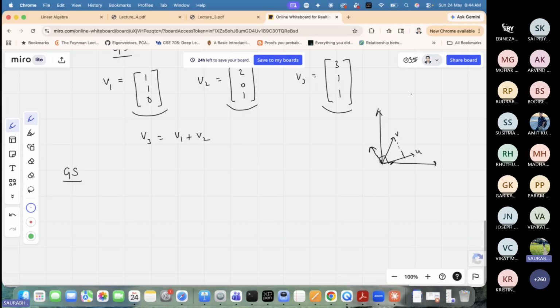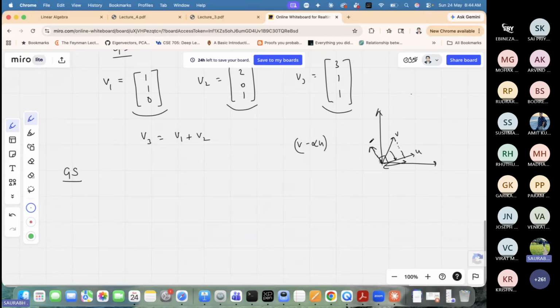Now think of it in machine learning terms. If you have a set of users and you apply Gram-Schmidt on those users, it would essentially find out the unique set of users which exist in your data, because it just eliminates the part which is alignment. If you see here, the alignment part, this length, has been subtracted from the v vector, and that's what we did when we did v minus alpha u.